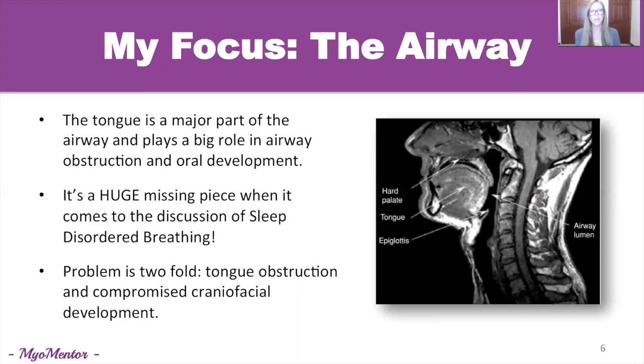But the other problem that we're not really taking into account is craniofacial development, jaw development and arch development in kids who breathe through their mouth and in kids who are tongue tied. This changes the way the jaws grow and the face grows, and because of that, the structure is compromised. So now you not only have your tongue in the wrong place, but you've got underdeveloped jaws and narrow arches and a small mouth. You have less space for your tongue inside of your mouth.